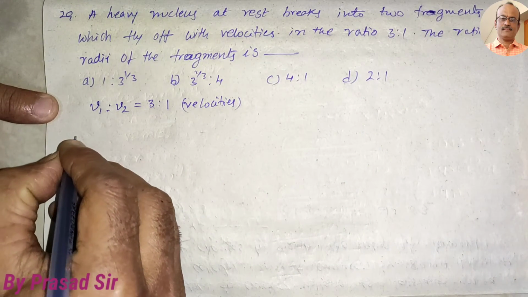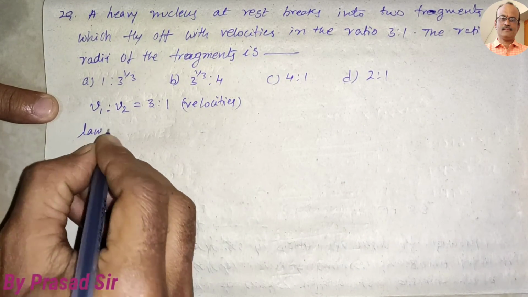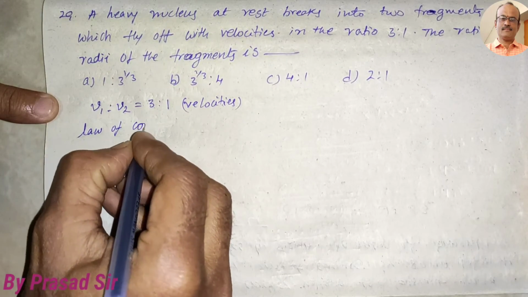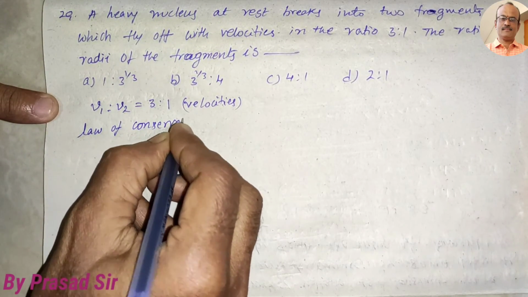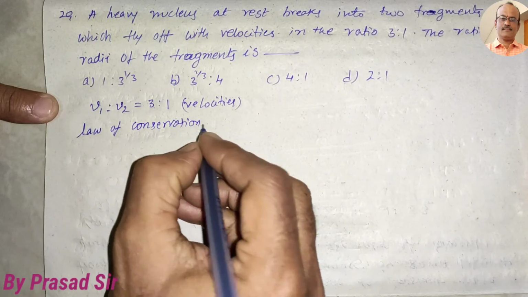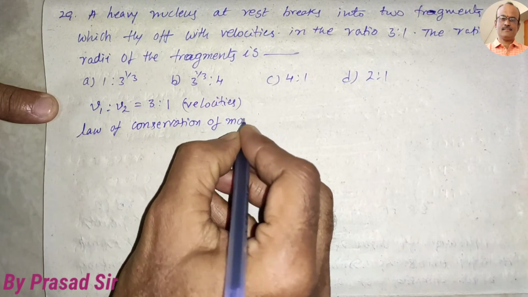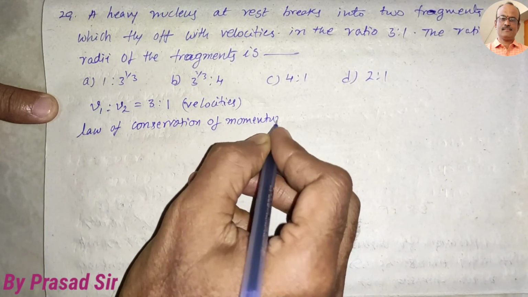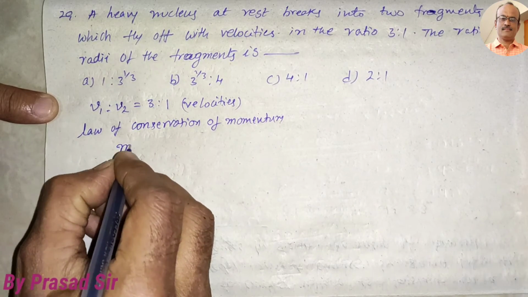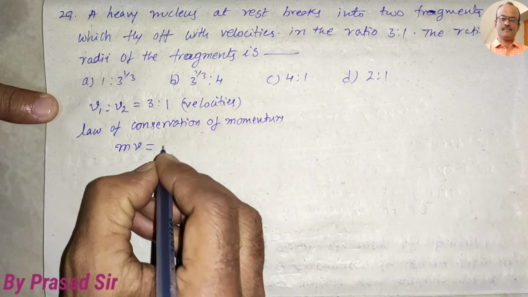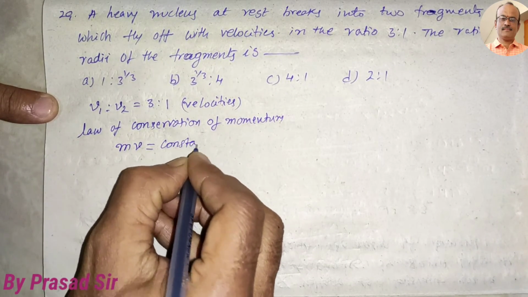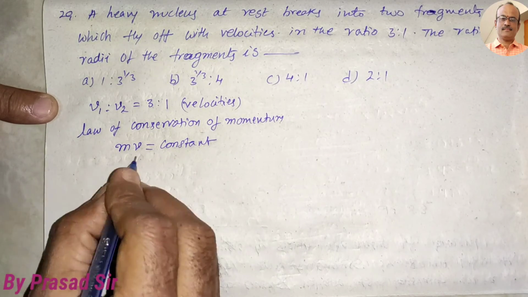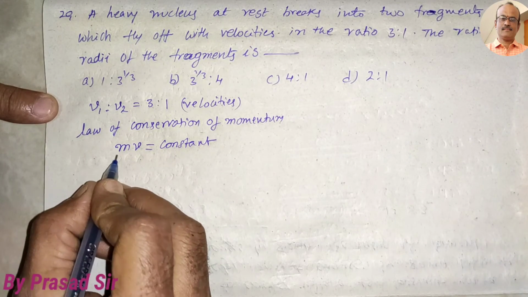Remember, here the nucleus breaks up into two fragments. So that means immediately we have the law of conservation of momentum. So mass into velocity is equal to constant. That means momentum is constant, initial and final momentum.